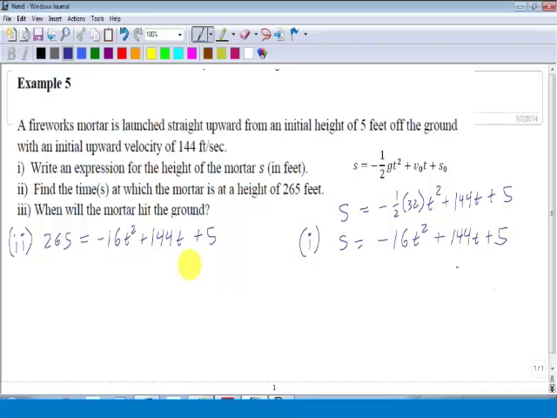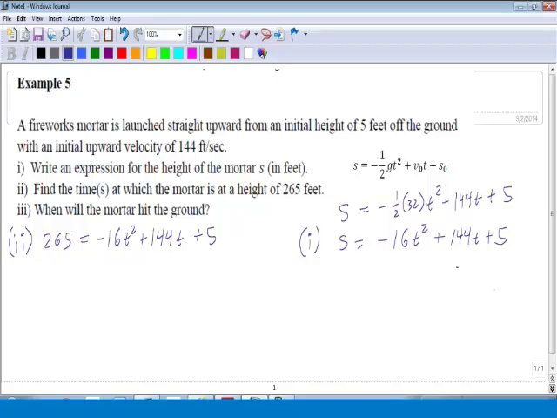Well, we've got a couple options here. One option, ordinarily, I would like a positive coefficient of t squared, so I would think maybe add 16t squared and subtract 144t and subtract 5. However, when we solve this graphically in a little bit, I'm really going to want to graph y equals negative 16t squared plus 144t plus 5.